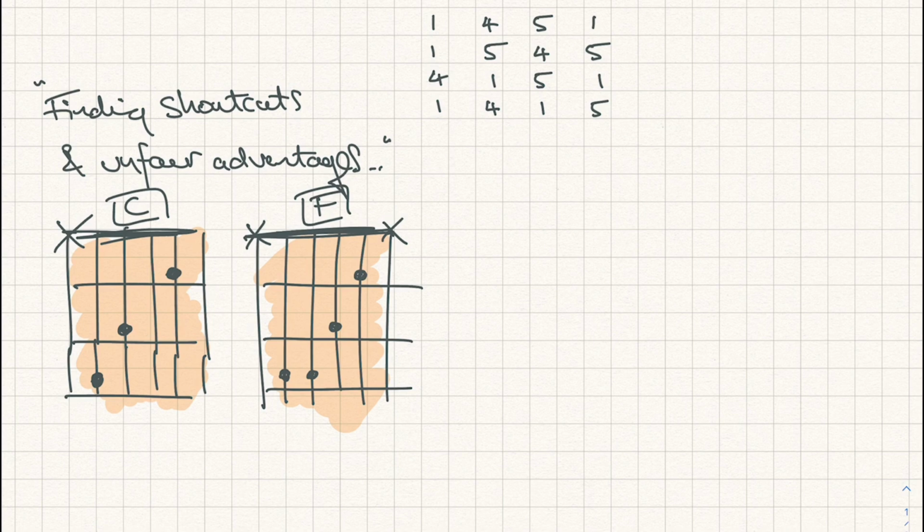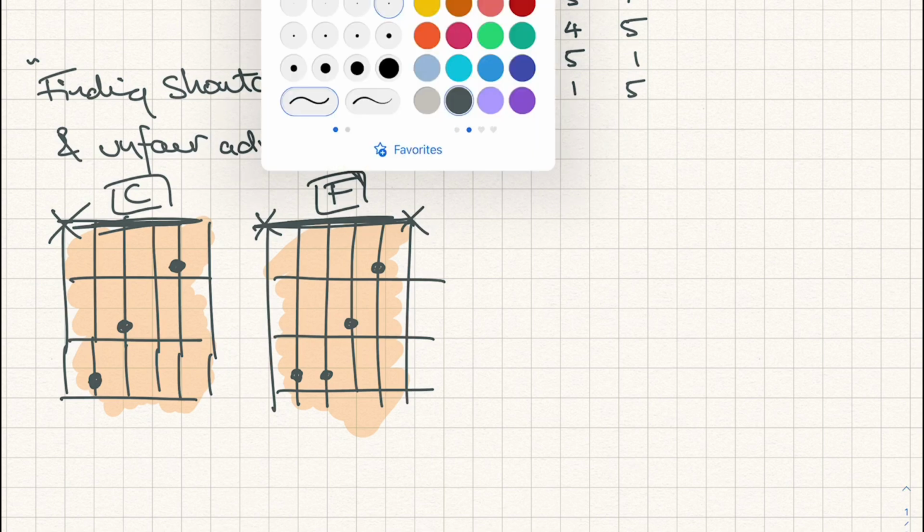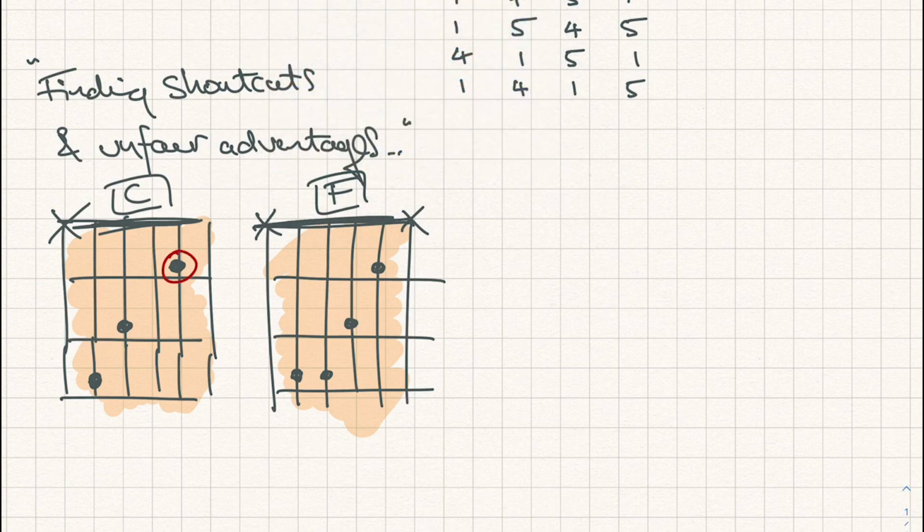Now, looking at the diagrams on screen, I'd like you to have a think about what you're seeing and how similar both of these patterns are. And take a minute to see, is there any finger or fingers that could wait in the same place for each? And you've probably noticed that this one, this one, this one, and this one, they get to wait in the same place.